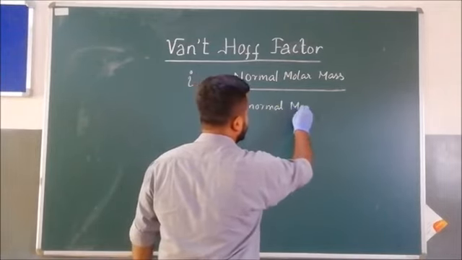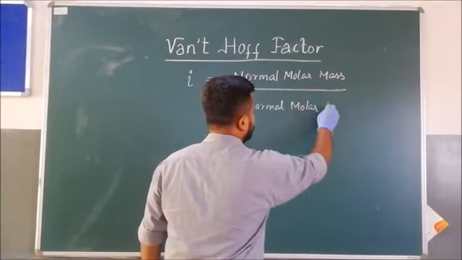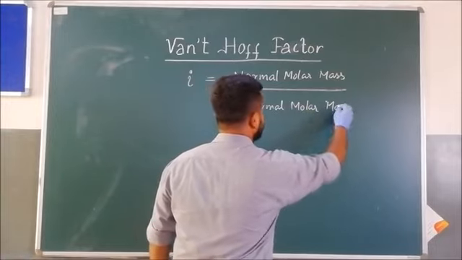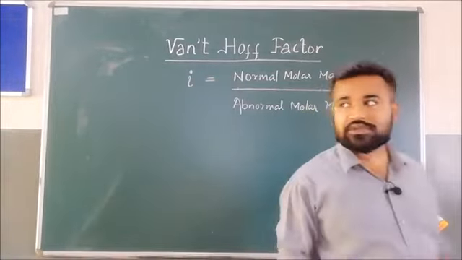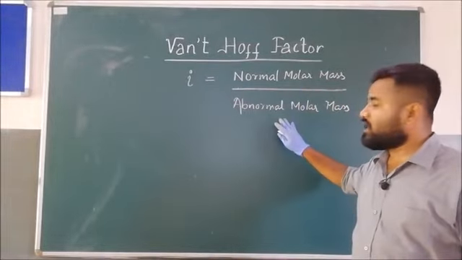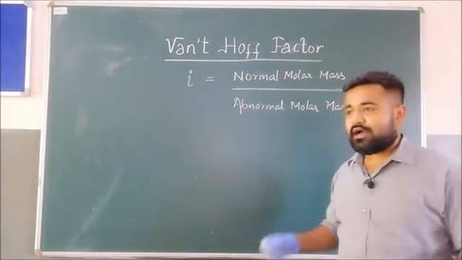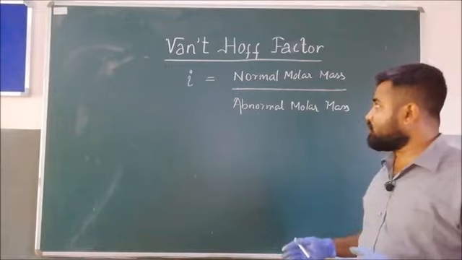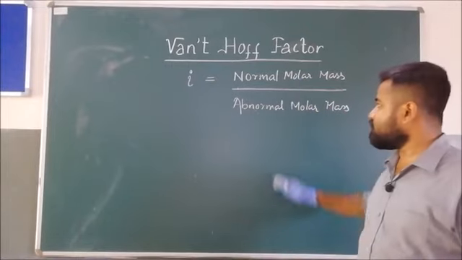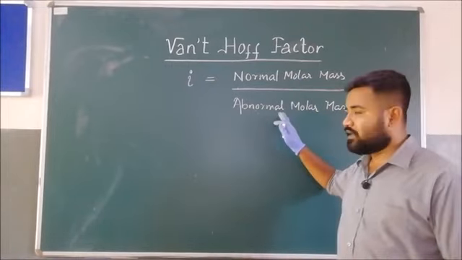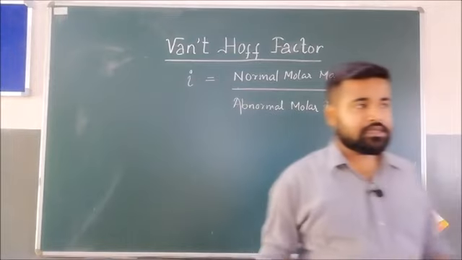So what do we mean by normal molar mass and abnormal molar mass? In which case will we say it is normal molar mass, and in which case abnormal molar mass?